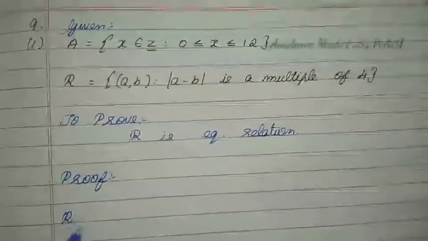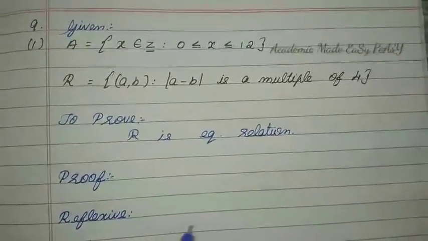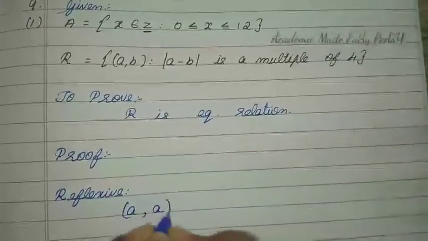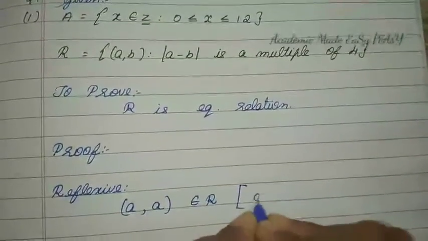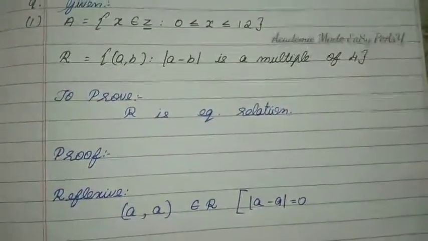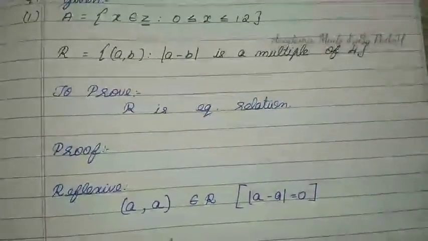Now if I take reflexive, (A, A), I'm taking this belongs to R. It says that A minus A gives us 0. 0 is a multiple of 4. Therefore, R is reflexive.